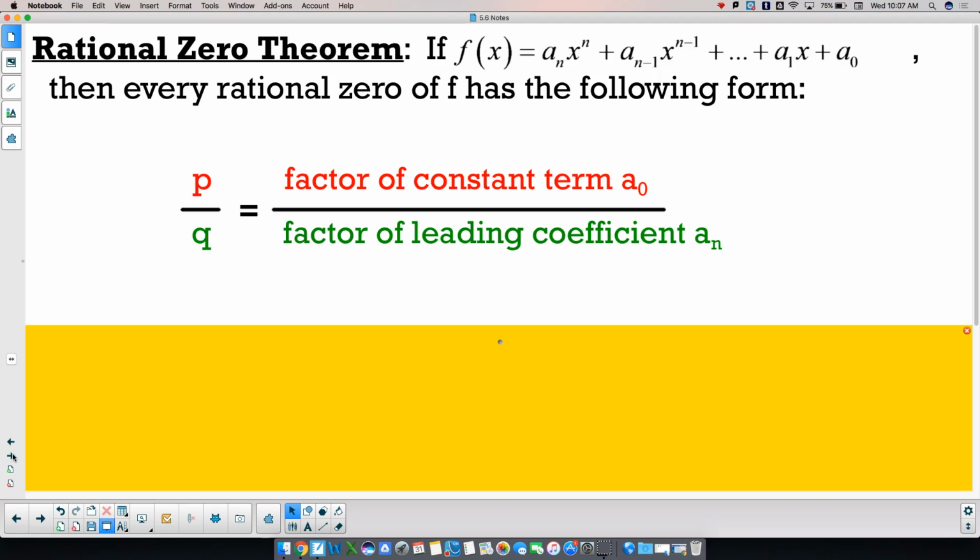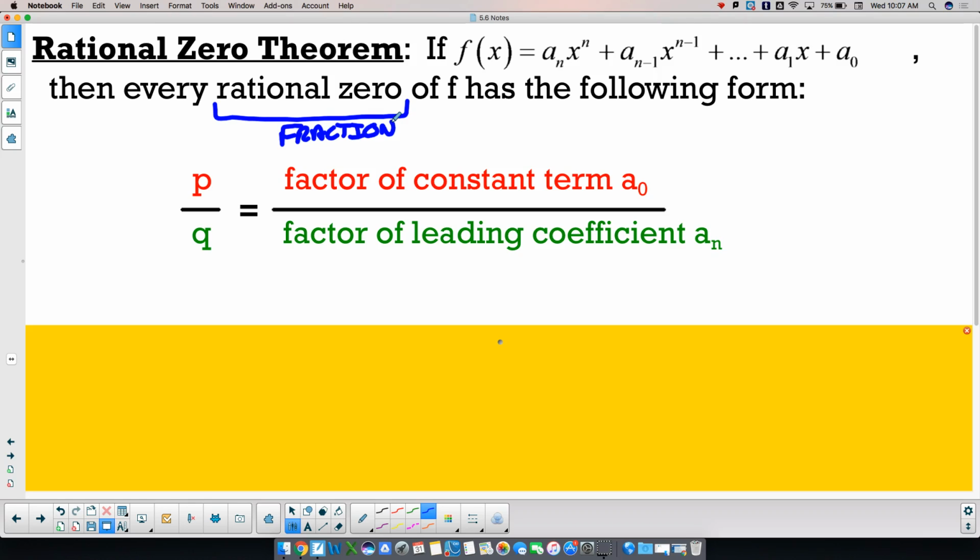The rational zero theorem says that every rational zero, and a rational zero is a fraction, so every zero that can be written as a fraction has the following form: p divided by q.